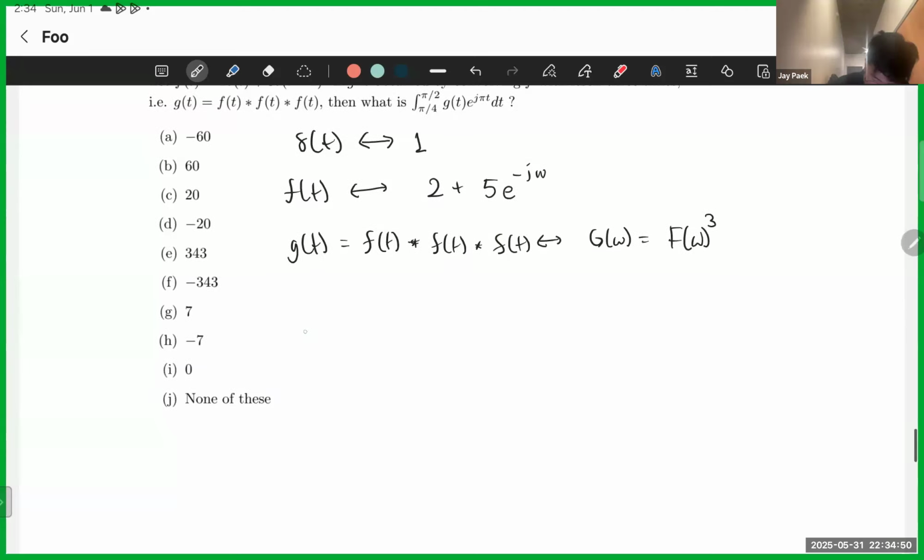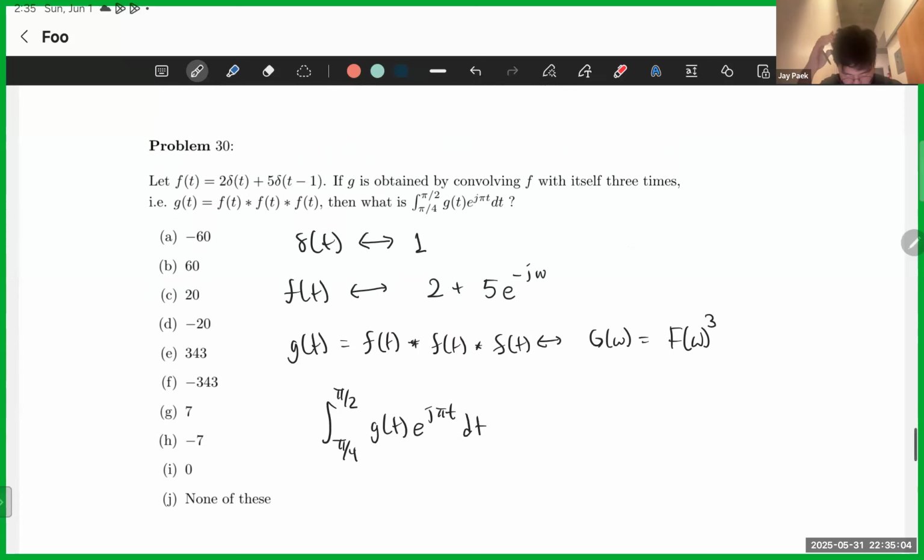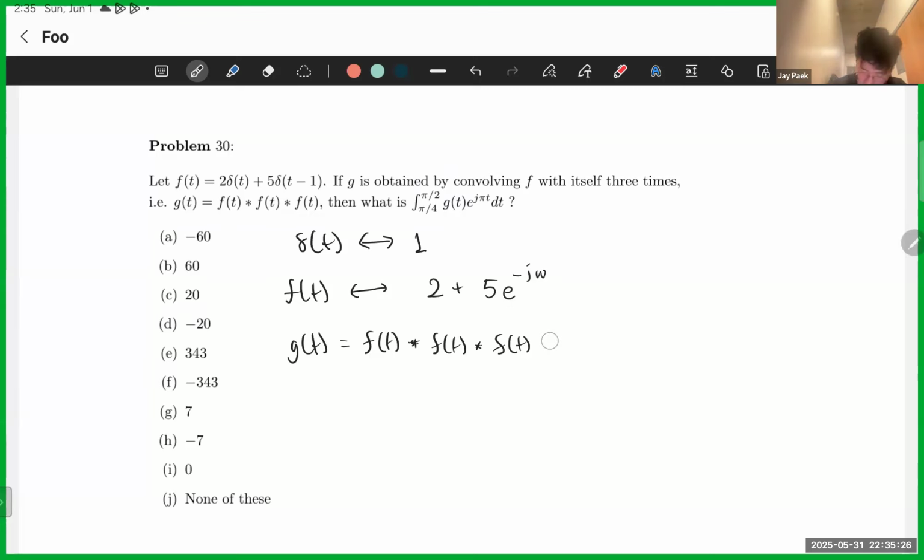And furthermore, this integral, hold on, let me just think about this for a second. Oh, wait, I don't think I have something very nice. Yeah, never mind. I guess I'll just do a normal approach. I think the normal approach is the best way.